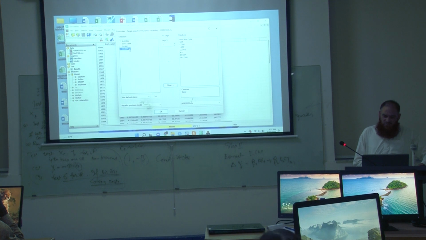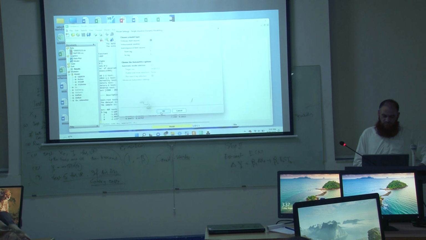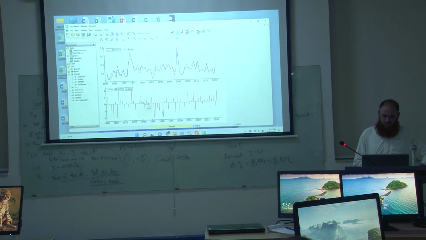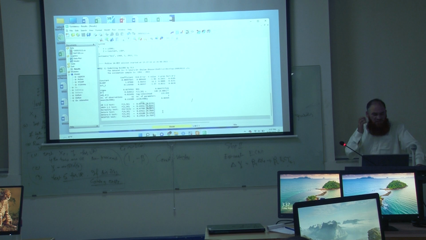These terms are not to be included. Then the error correction term, and you have to include only the lag of the error correction term, not the current value. Finally, the constant is also not to be included. This error correction equation does not have a constant.